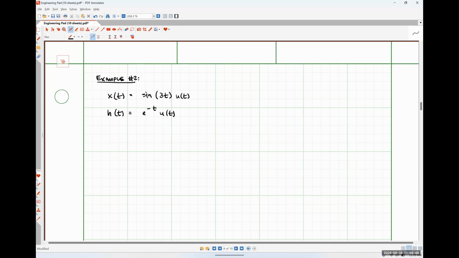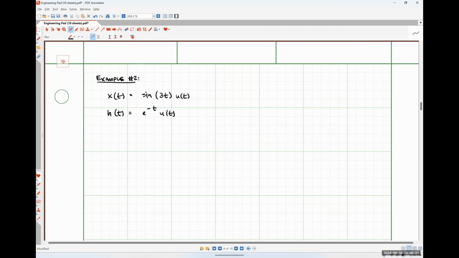This sine of 3t u of t is similar, but distinctly not the same as the steady state sinusoidal analysis that we have done in the past, way back in circuits 1 and again in circuits 2. What's different? When we were doing steady state sinusoidal analysis, our sinusoid existed for all time. So all the way from negative infinity at the creation of the universe to positive infinity at the heat death of the universe, right? That sinusoid always existed.